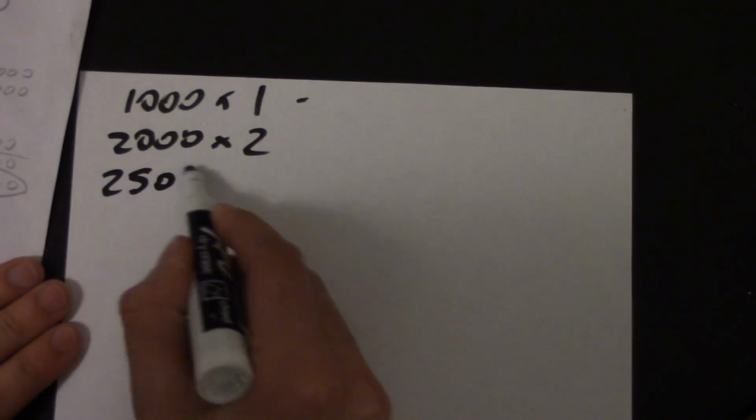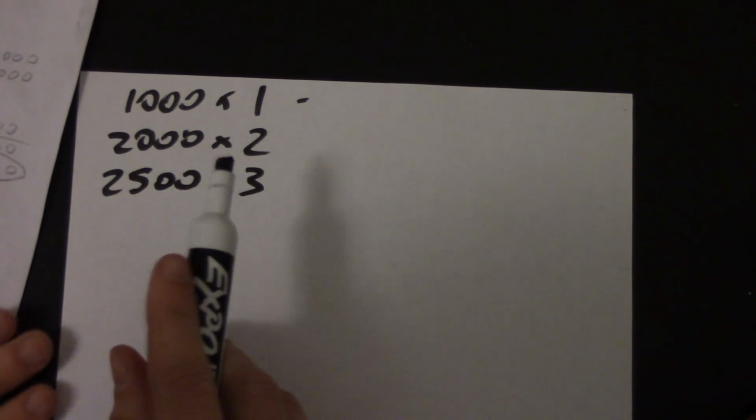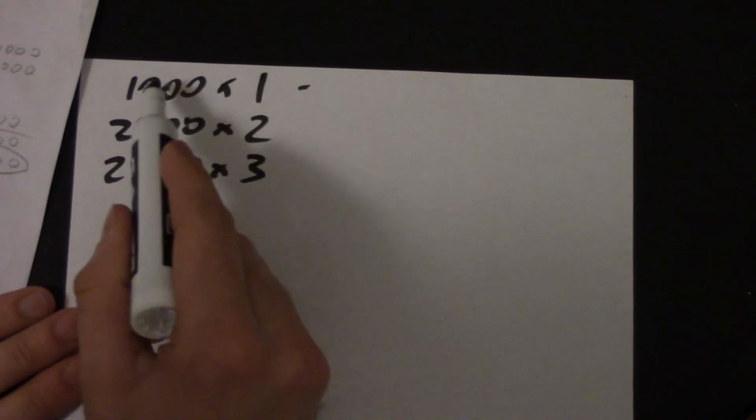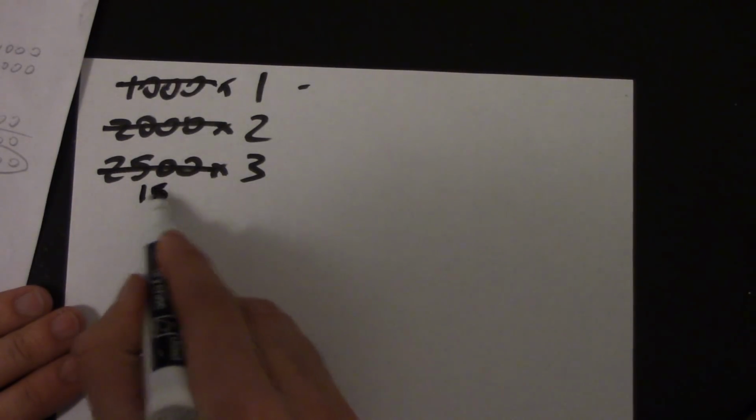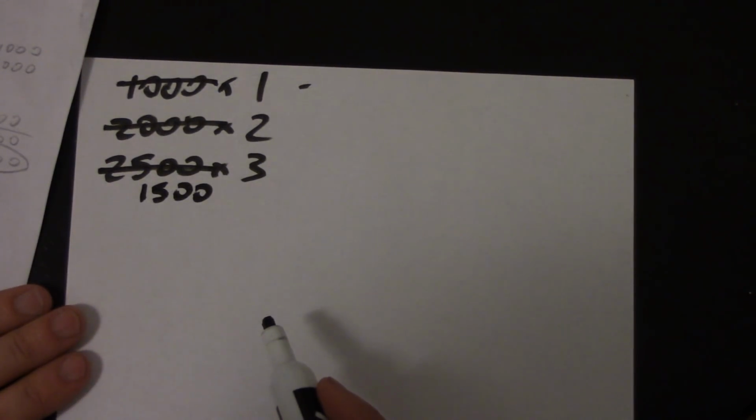We then purchased 2,000 units at $2. We then purchased 2,500 units at $3. And then we sold 4,000 units. So I'm going to take 1,000 out of there, 2,000 out of there, and then 1,000 out of there, leaving me with 1,500 right there. Then we keep going on.